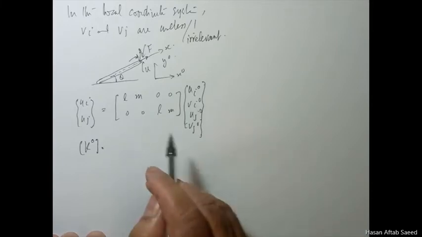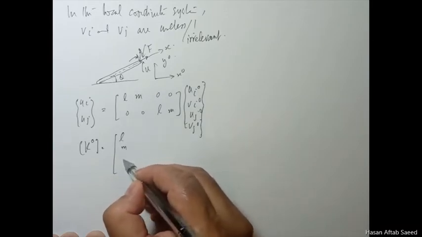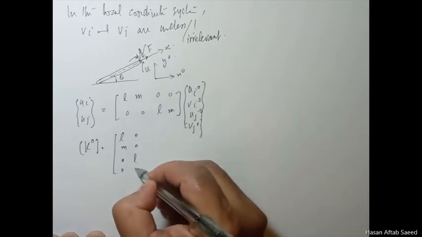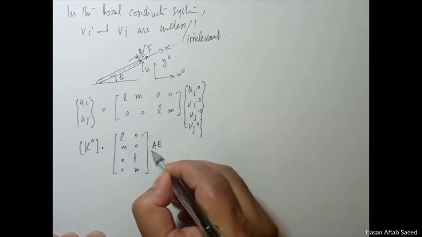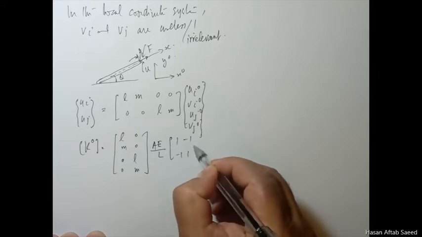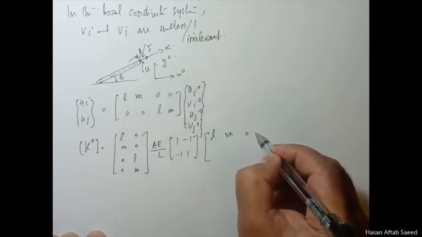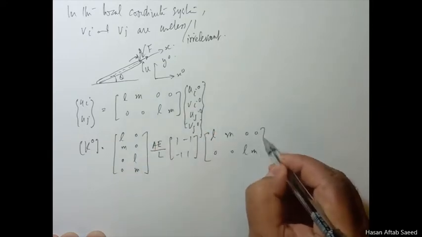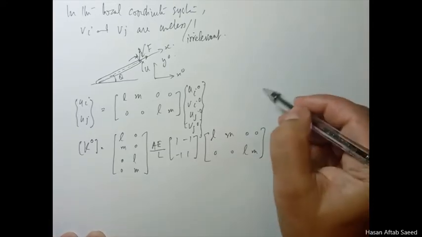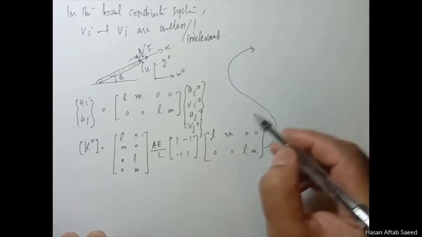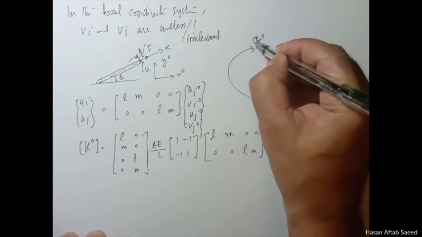We have to use first the transpose of this thing, and that is L M 0 0, 0 0 L M. Then we need to use the k in the local system, AE over L, 1 minus 1, minus 1 1, and then we have to use the lambda again, L M 0 0, 0 0 L M, which comes out to be, if we solve this, k naught.